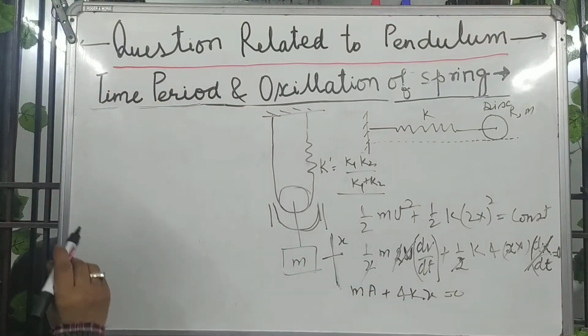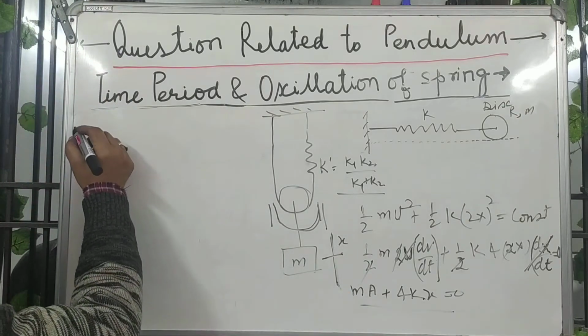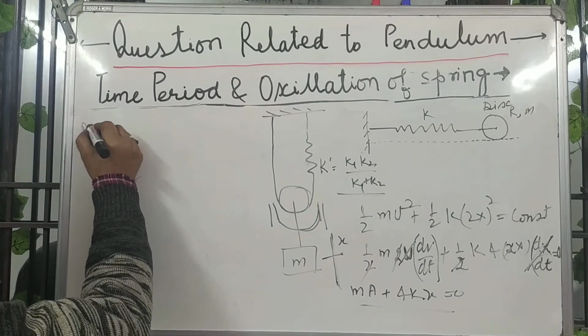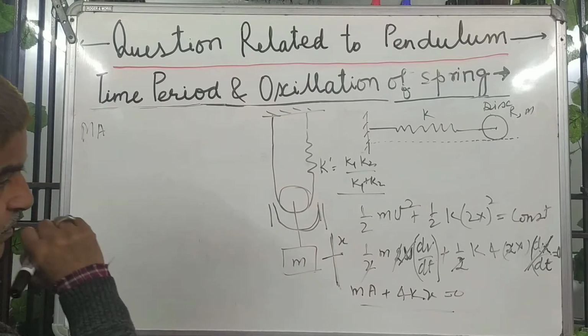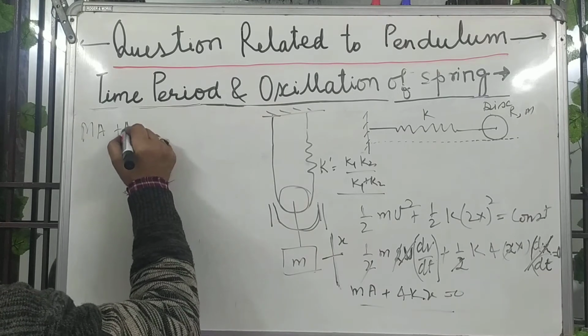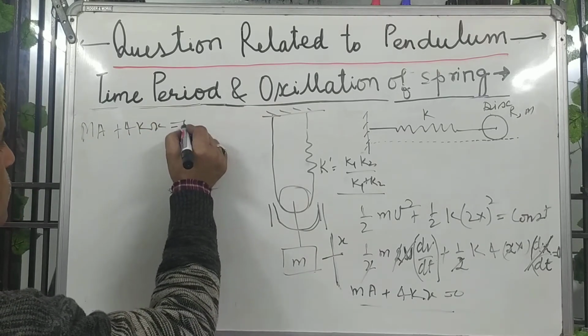I am writing this equation over here: ma plus 4 times kx is 0.